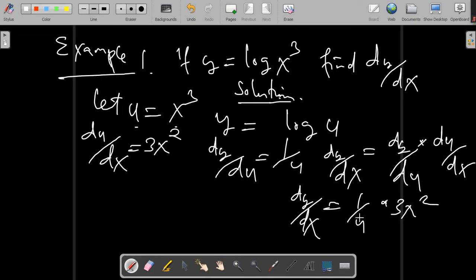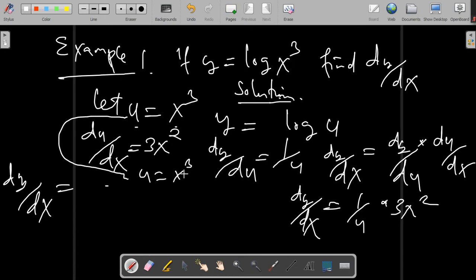So dy over dx is equal to 1 over u times 3x squared. Remember, our u is equal to x cubed. Instead of putting u here, you put x cubed. This will be equal to 1 over x cubed, times 3x squared.